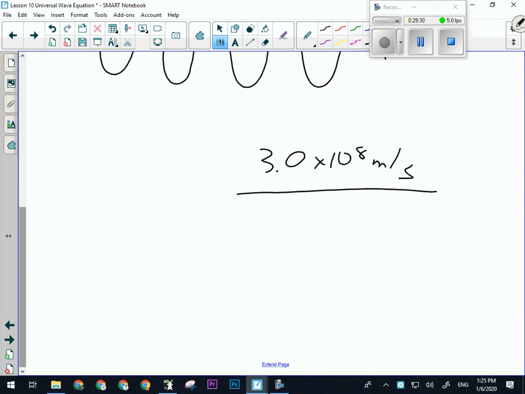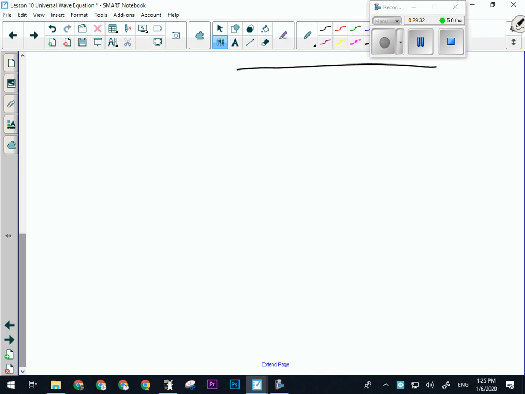Another thing that can come up is it might give you something like a sound wave traveling through air. The temperature of the air is 15 degrees Celsius. How does that help? Is the speed of the wave affected by the temperature of the air? It is. So on your formula sheet, you'll also find this formula.